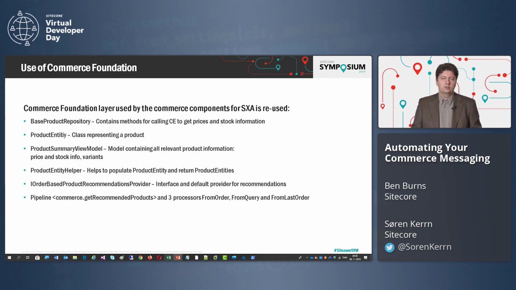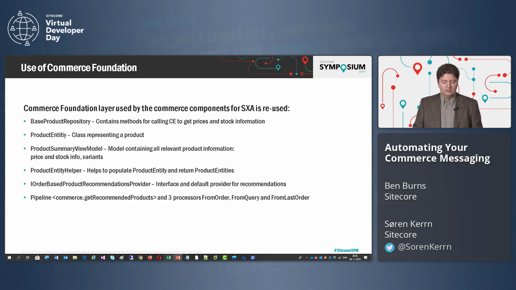So with Experience Commerce comes a foundation layer that's used by the commerce components for SXA, but it's also reused for the renderings in the mails. It consists of a number of things that you can reuse. There's a base product repository that contains methods for calling Commerce Engine and getting the prices and stock information. There's a product entity class representing a product. There's a product view model that contains all the relevant product information, price, stock information, and variants.